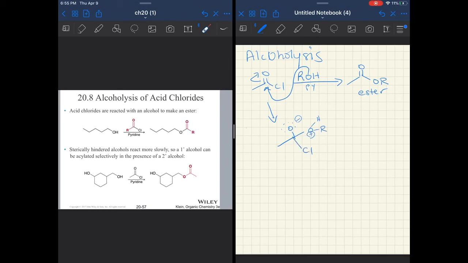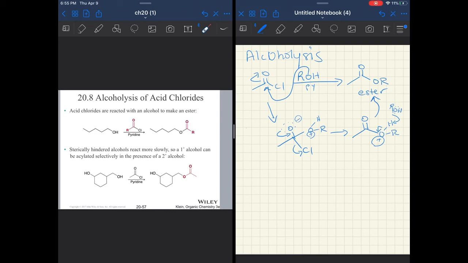And we have a good leaving group. Our carbonyl reforms and we lose chloride. And then all we're left to do is deprotonate so that we have our neutral product. You could show pyridine coming in, or you could show the alcohol here acting as your base. As long as it's something that's present, you're good.